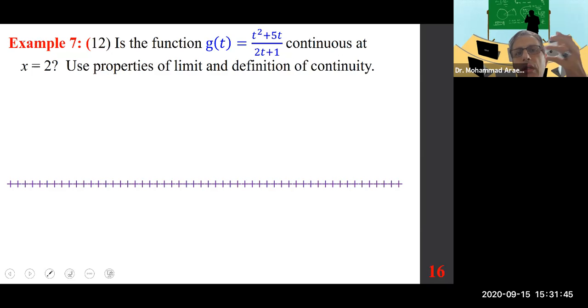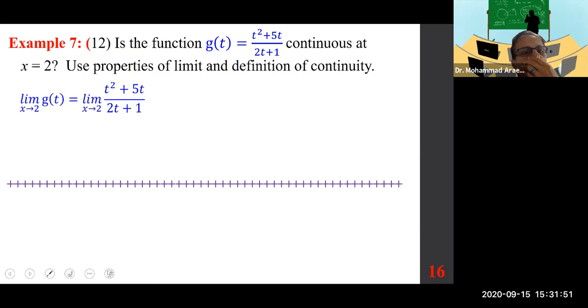You just go with the limit laws and start with the limit. Basically, we plug in, remember that, but if they want us to prove that using the properties of limit laws, and we have seen that before, I have shown you how to use the limit laws.